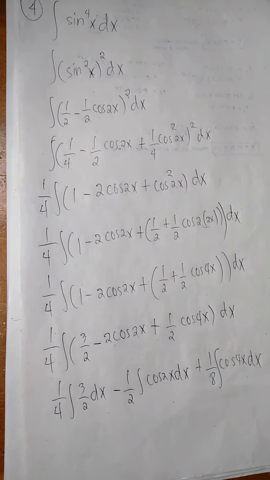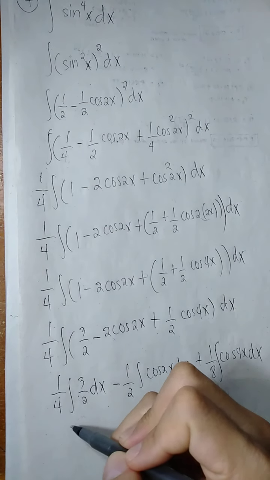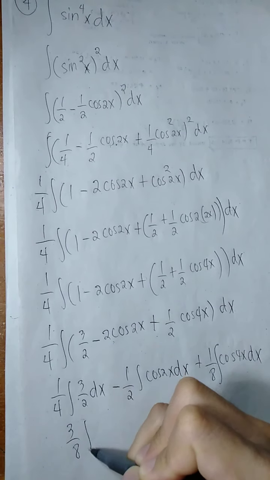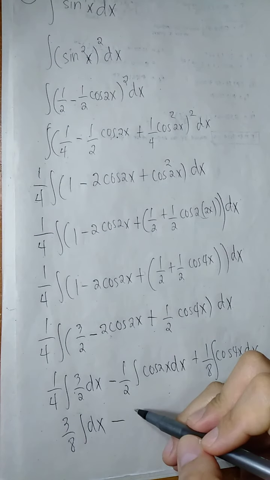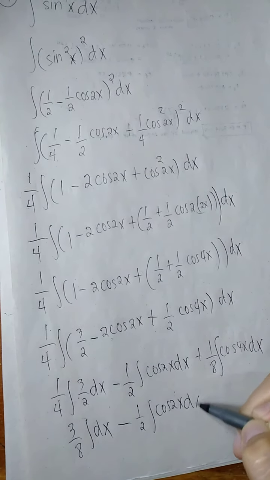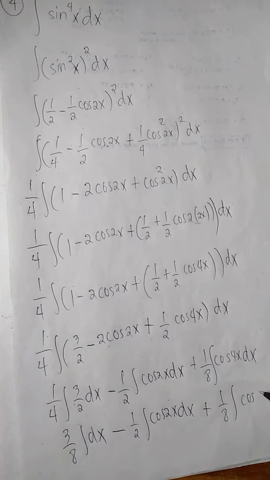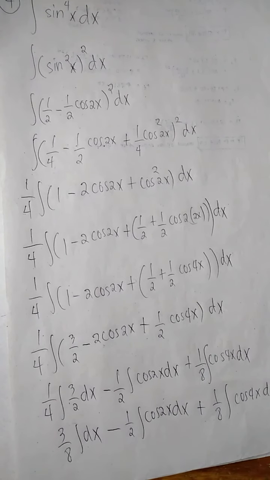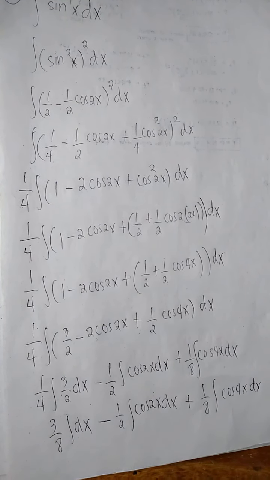Then we can take the integral, so ito pwede natin ilabas, so multiply nyo na lang, so becomes 3/8 integral of dx minus 1/2 integral of cosine 2x dx plus 1/8 integral of cosine 4x dx. So yan.